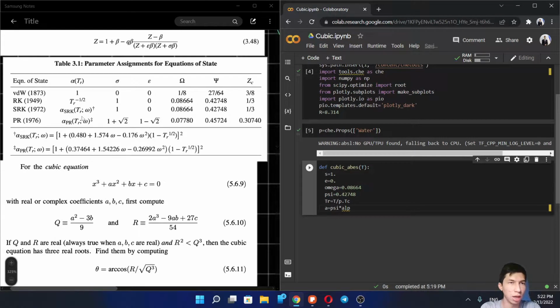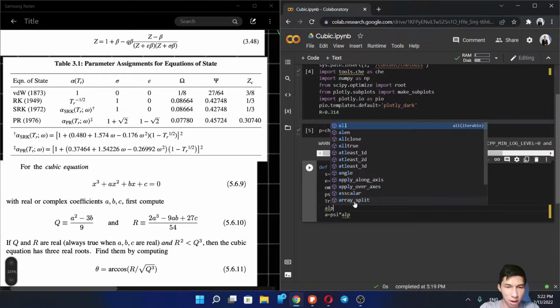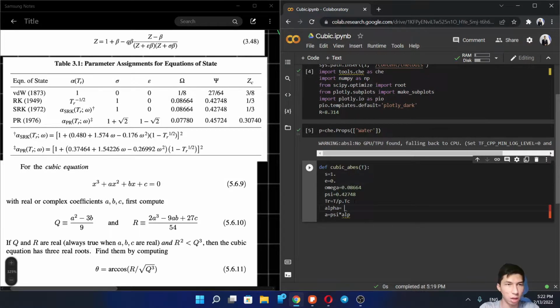If we look at that, this is going to be our alpha, which is this value. So we will need to define our alpha first before defining our A. So our alpha would equal this value. In order not to mess up with the square, as we have a very long equation, let's write the square first and write everything else inside.